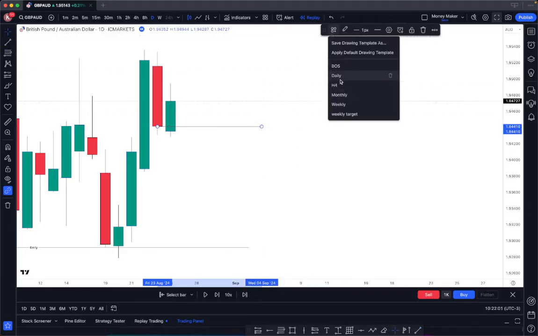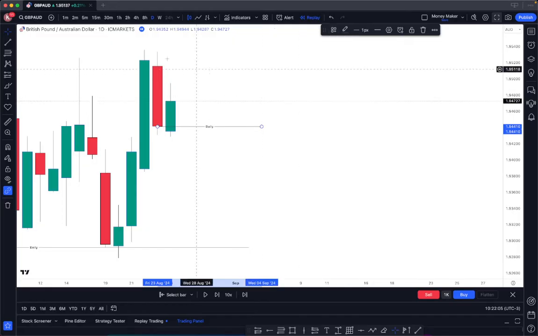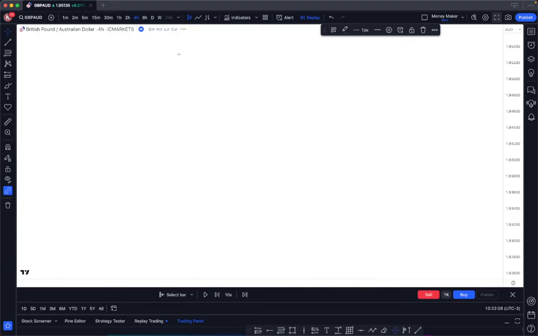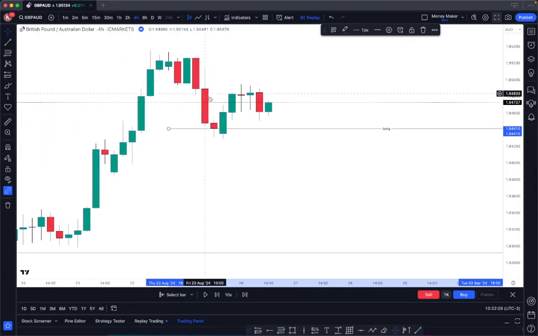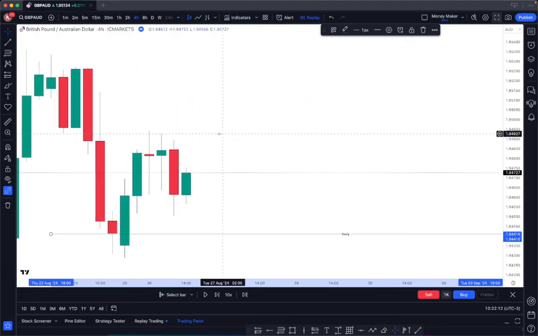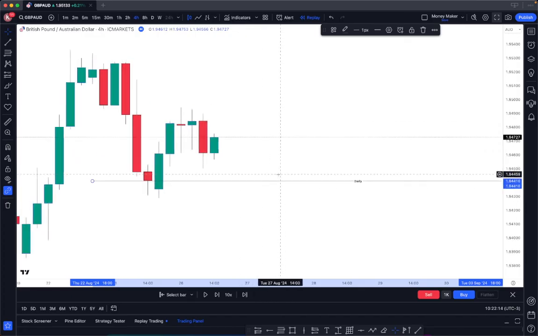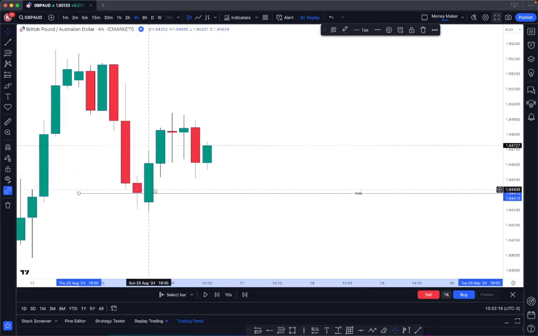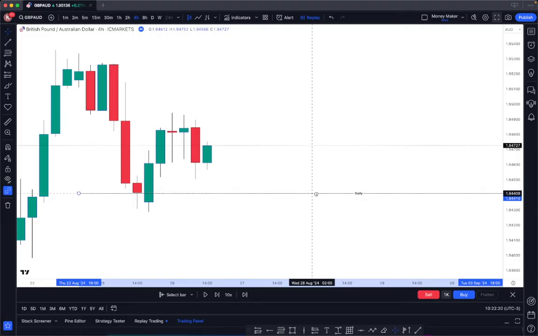So mark this level out. Now we go on the 4 hour to refine. So on the 4 hour we can see this is another level, right? This is another 4 hour level because it's an MTF with the daily.